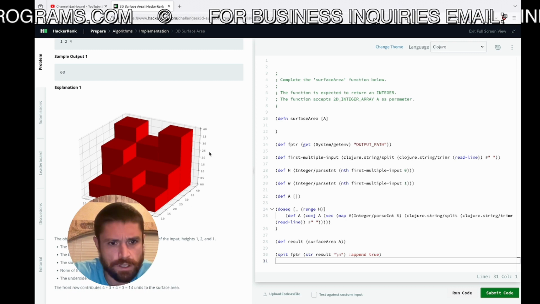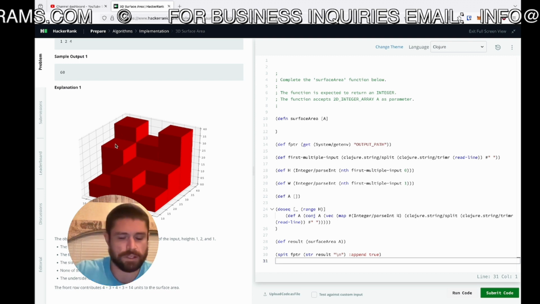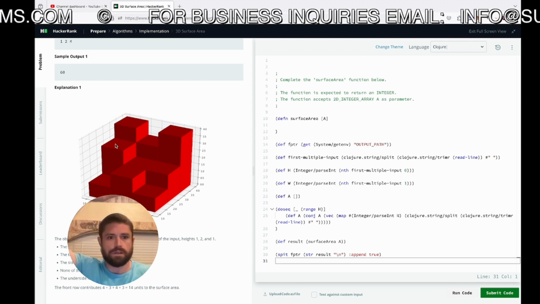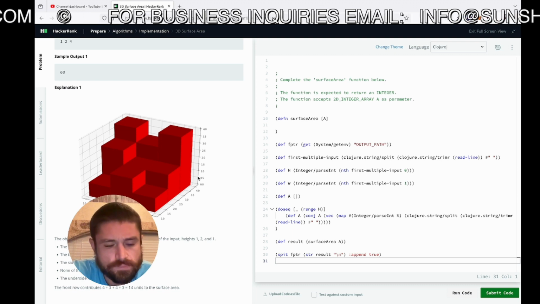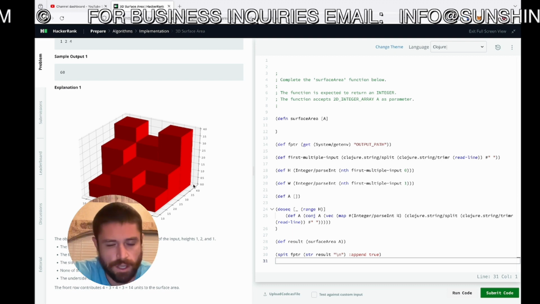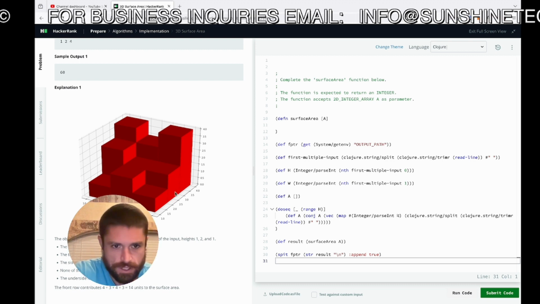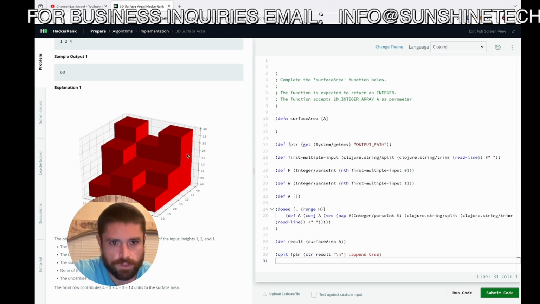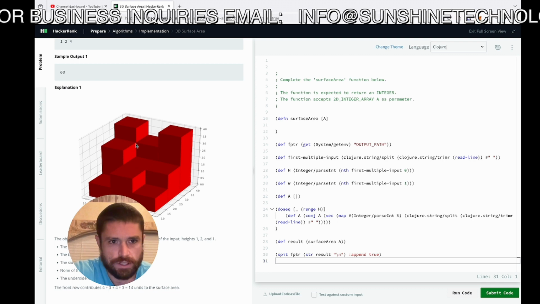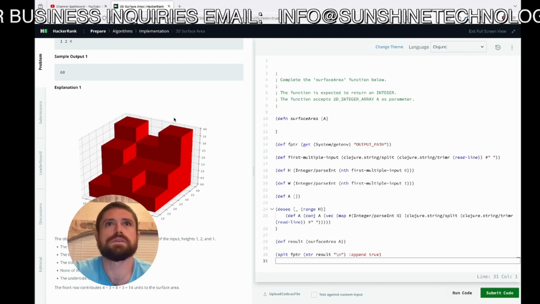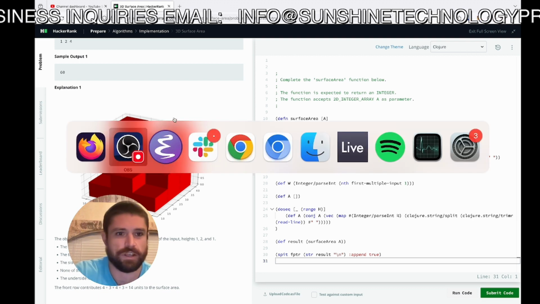I'm seeing the entire bottom and the entire top facing up are populated, so that's 18. And then these rightward facing cubes, we get 1, 2, 3, 4, 5, 6, 7, 8, 9, 10 of those. So that's 18 plus, well, okay.